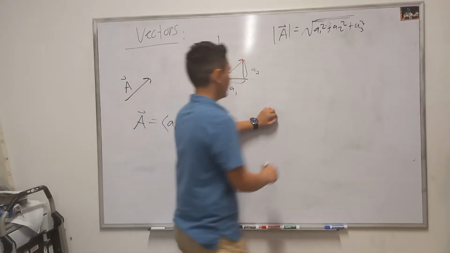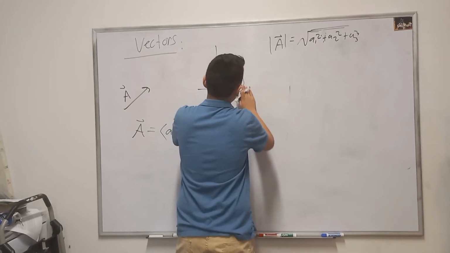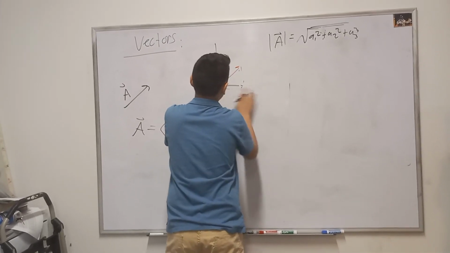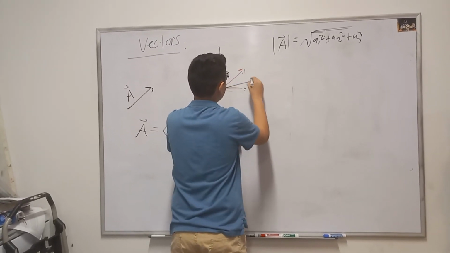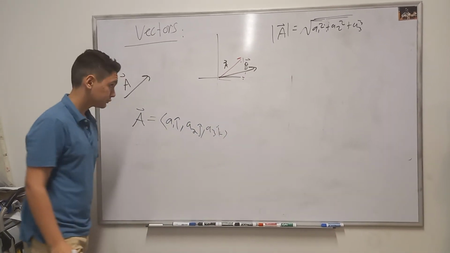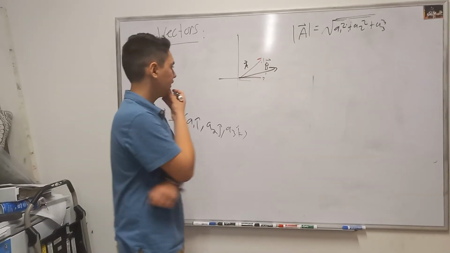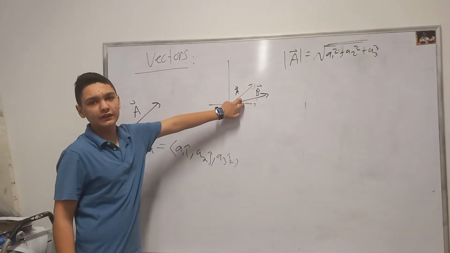So what if we want to multiply vectors together? Let's use this graph right here. Let's say we had another vector B, and we wanted to multiply these together. Well, how would we do it? As we see, there are these two angles theta right here.